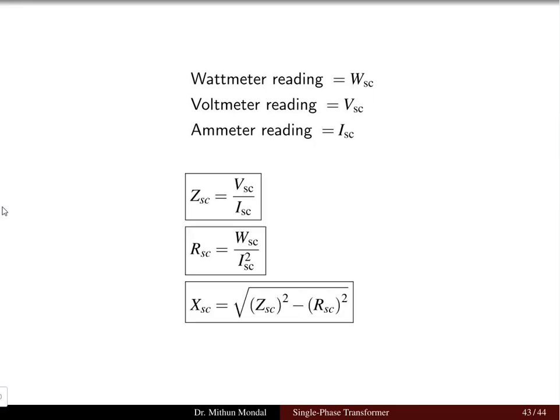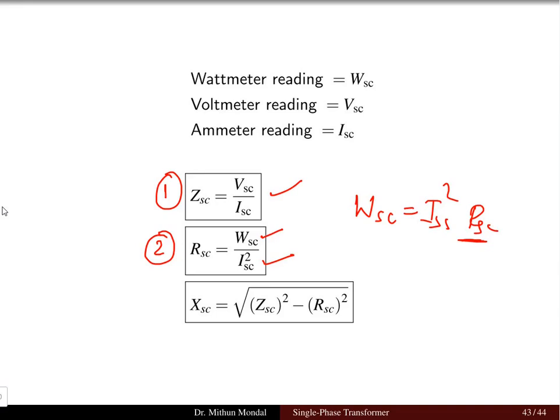First we will find the total impedance of the network, which is ZSC = voltage short circuit divided by current short circuit. Then we can find the resistance RSC, which is WSC divided by ISC square, because we know that the short circuit power is equal to ISC square multiplied by RSC.